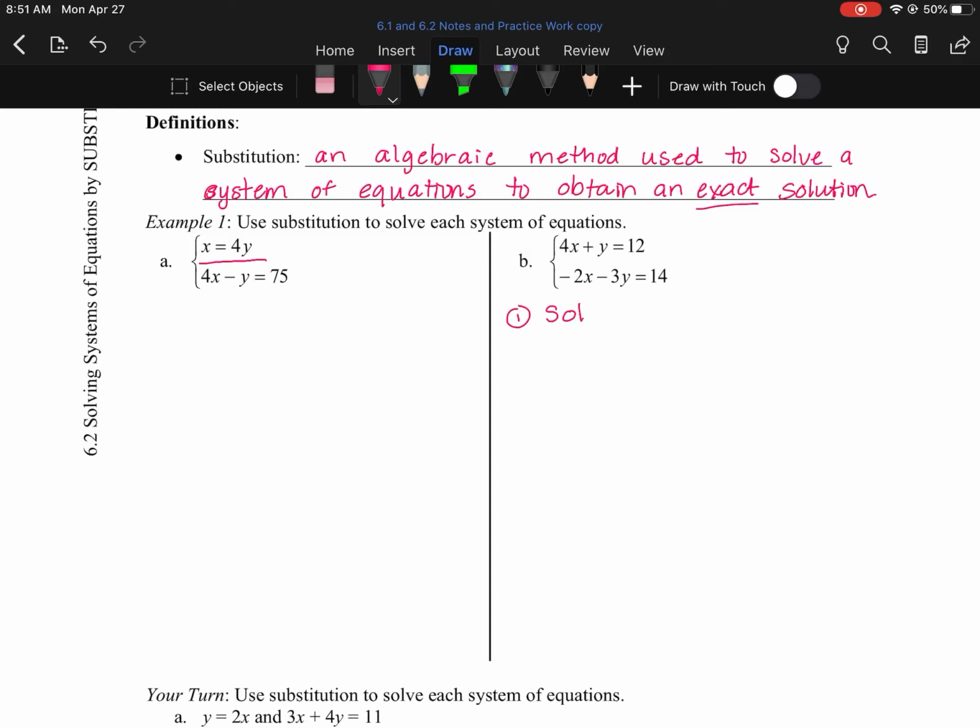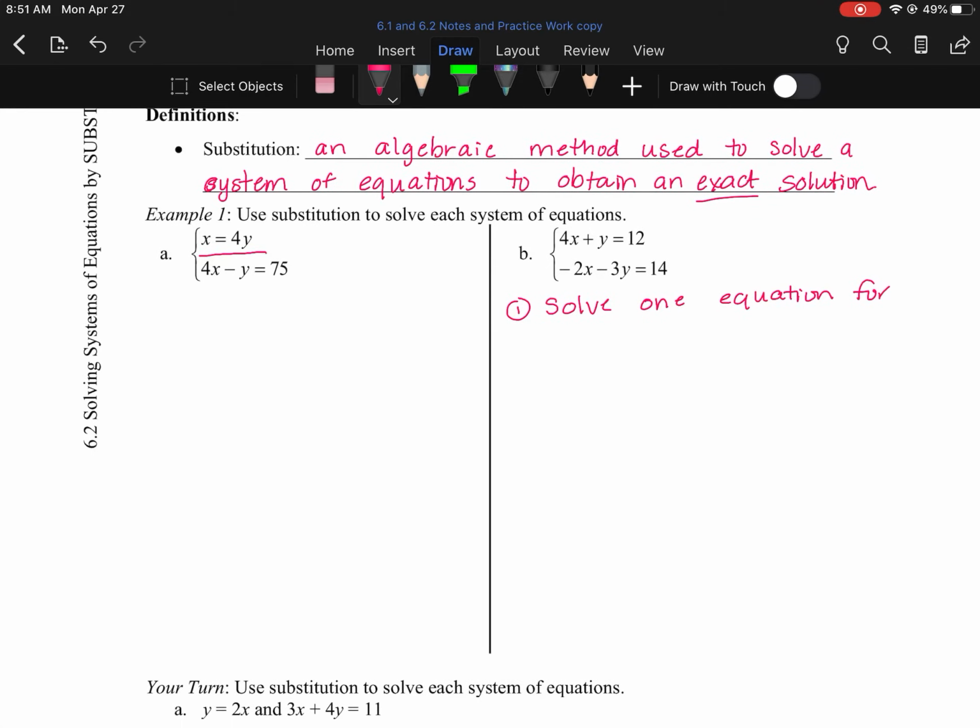So we have to solve one equation for one variable. Now notice I did not say you have to solve for x or you have to solve for y. You get to pick. All right, so our first step in this first problem is already done.